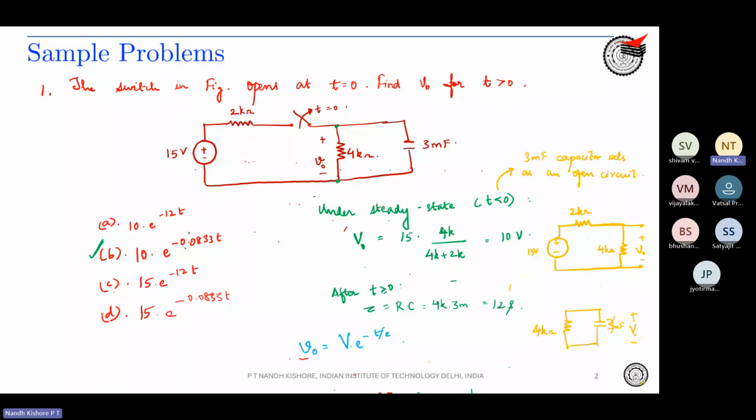So capital V is 10 and e power minus t by 12. This is your answer. 1 by 12 is 0.0833. So directly by inspection, you can write the answer or you can also solve it. This was a simple problem.